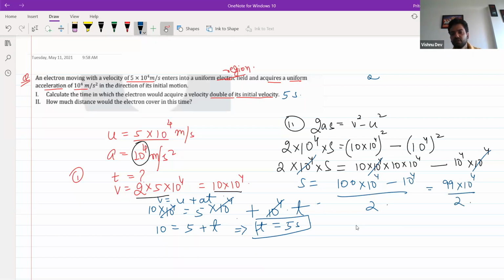So solving this, you all can multiply this one, and what answer will we get here? 99 by 2, 44.5. How much distance are we getting?